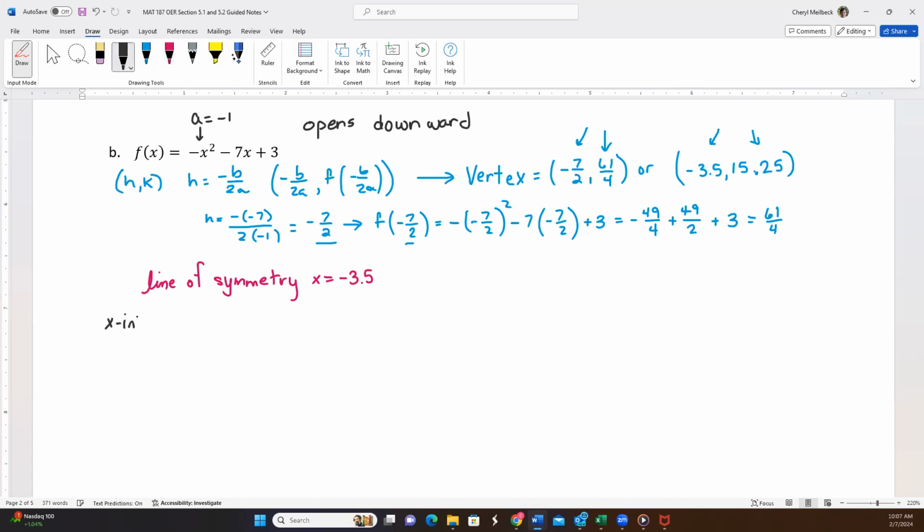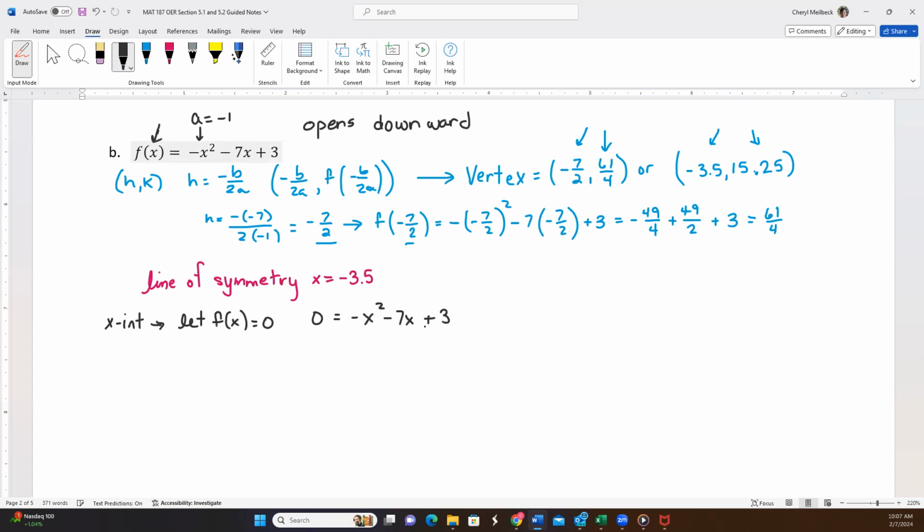Our x-intercepts, of course, are found by letting y equal 0, or f of x equals 0. So the left side of our function becomes 0, and we have 0 equals negative x squared minus 7x plus 3.